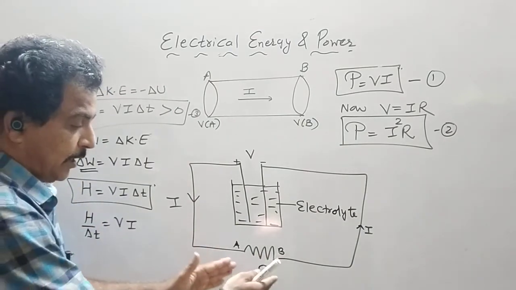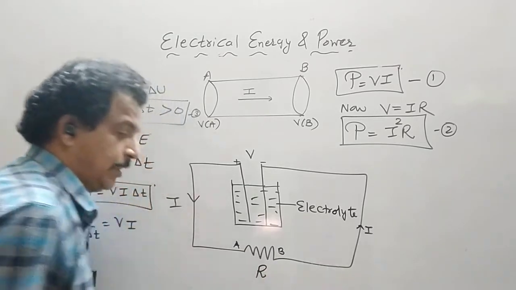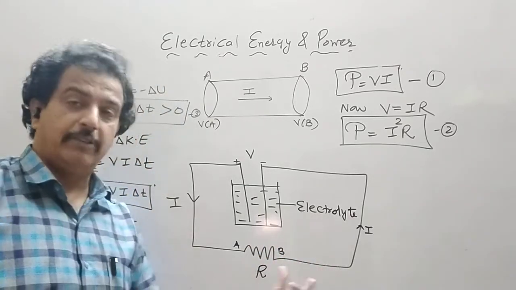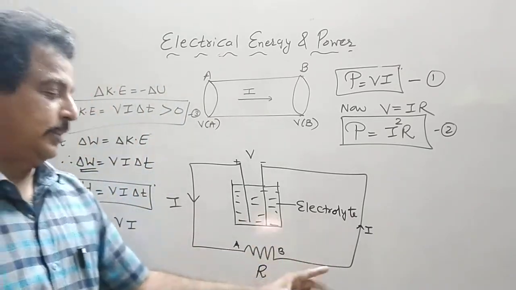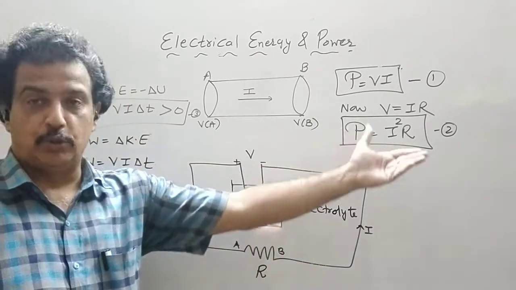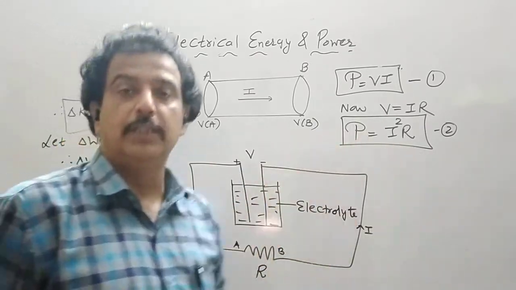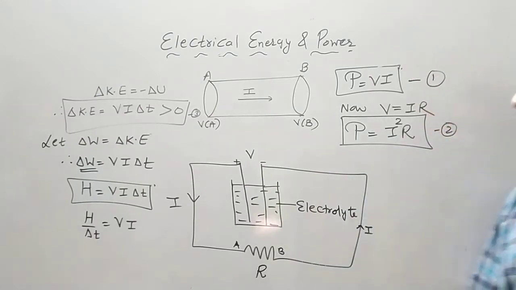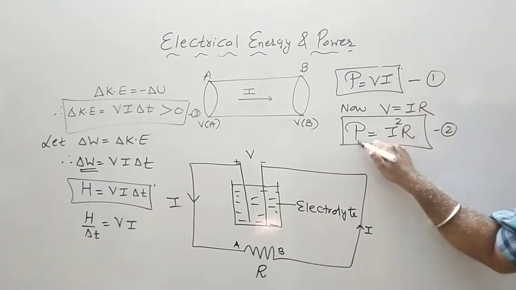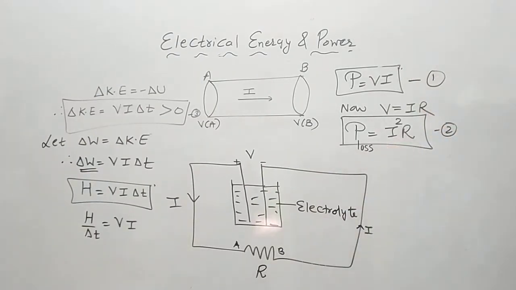This is one conductor. If there is another conductor connected to it, say R1 and R2, then the power loss in that will be equal to I square R2, because the current will flow in the resistor. So generally this expression is used to find out the power loss. So this is the second expression.